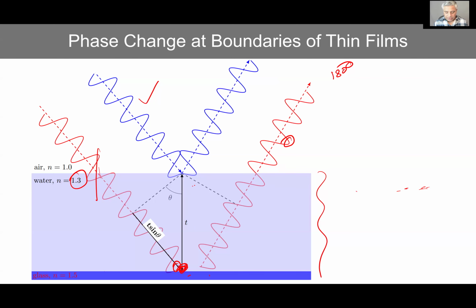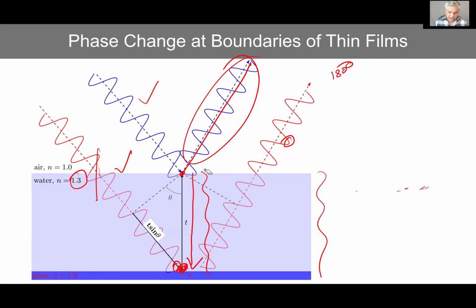But due to the path difference, there is going to be a phase change. This wave came here and went back. This wave did not travel through the film of water at all, but this wave had to travel through it. It had to go down and it had to go up. So how much path difference is there?